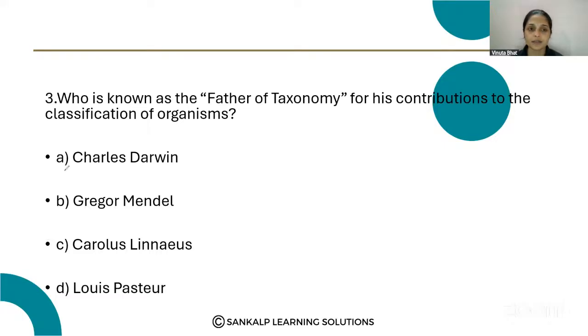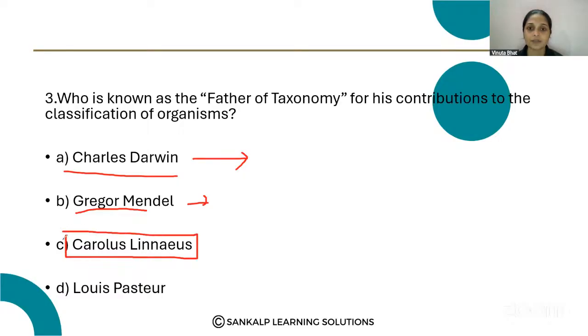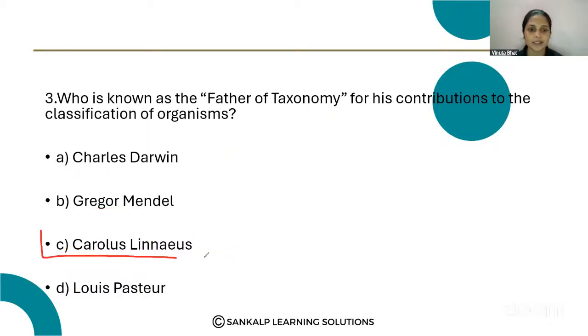Charles Darwin worked on evolution and theories of evolution. Gregor Johann Mendel worked on the principles of inheritance. Carolus Linnaeus, mainly related to the classification of organisms, is known as the father of taxonomy. The correct answer is option C, Carolus Linnaeus.